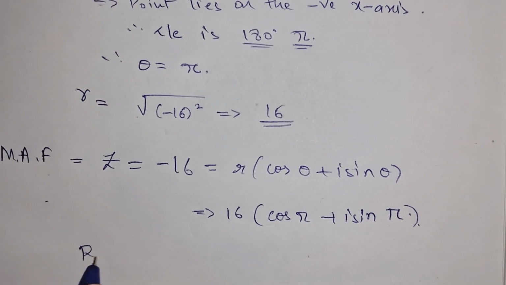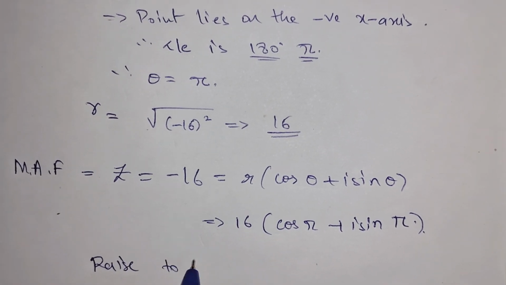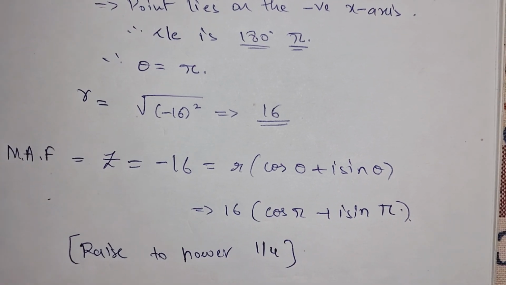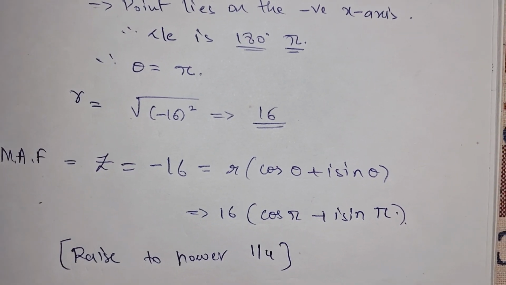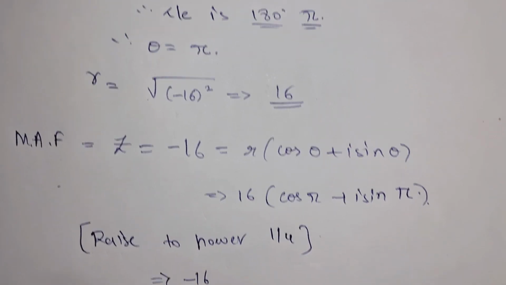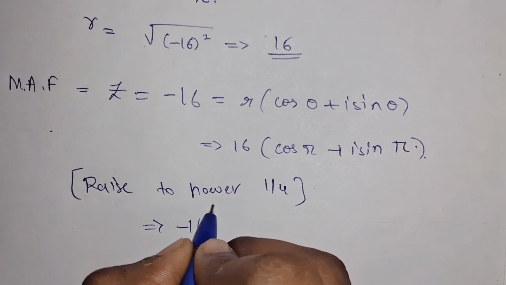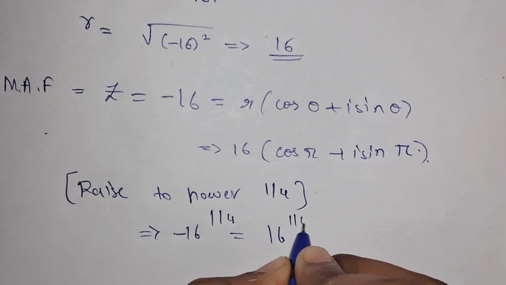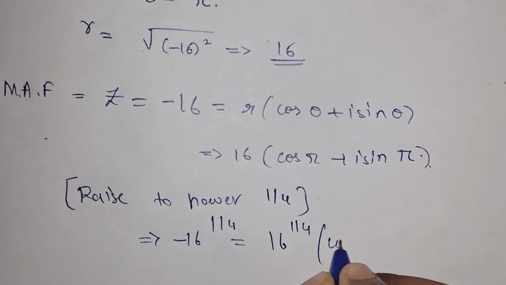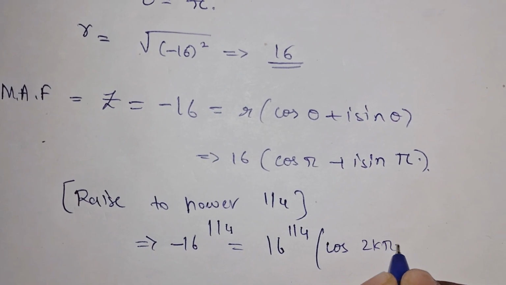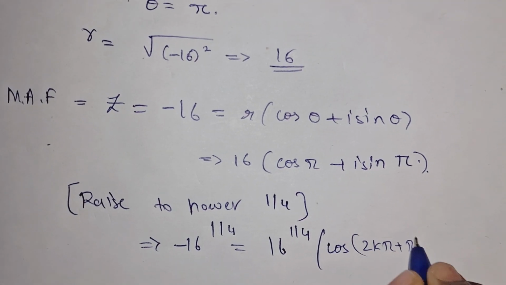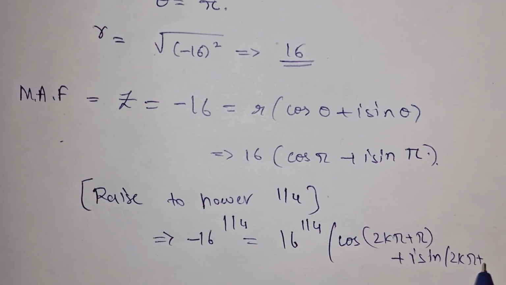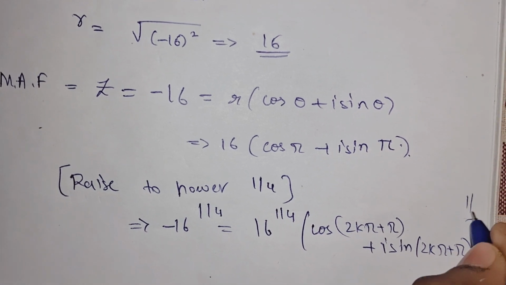Now we will raise to the power 1 by 4. Raising to the power 1 by 4, we get minus 16 to the power 1 by 4 equals 16 to the power 1 by 4 into cos 2k pi plus pi plus i sin 2k pi plus pi, all to the power 1 by 4.